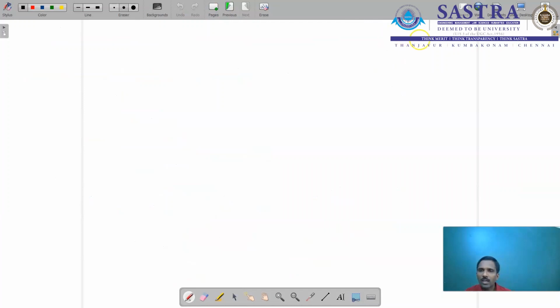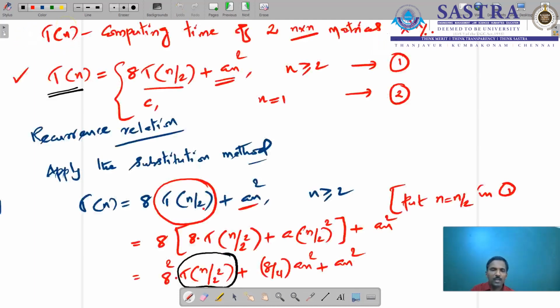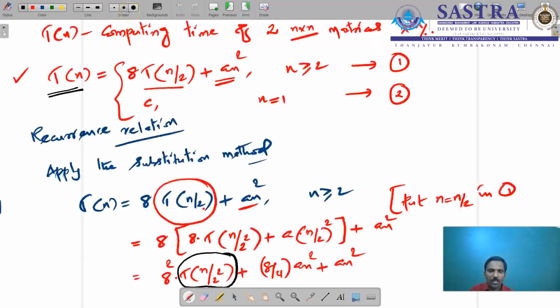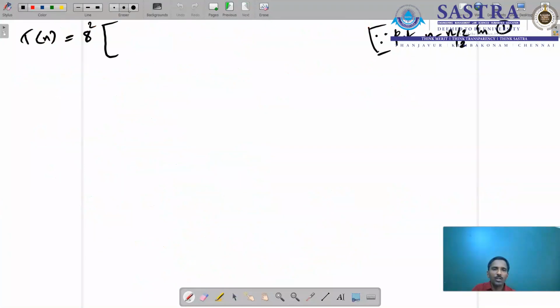Substituting n = n divided by 2² in equation 1, we have the next stage simplification. T(n) is equal to, what is available in the right hand side, 8 squared into T(n/2²).